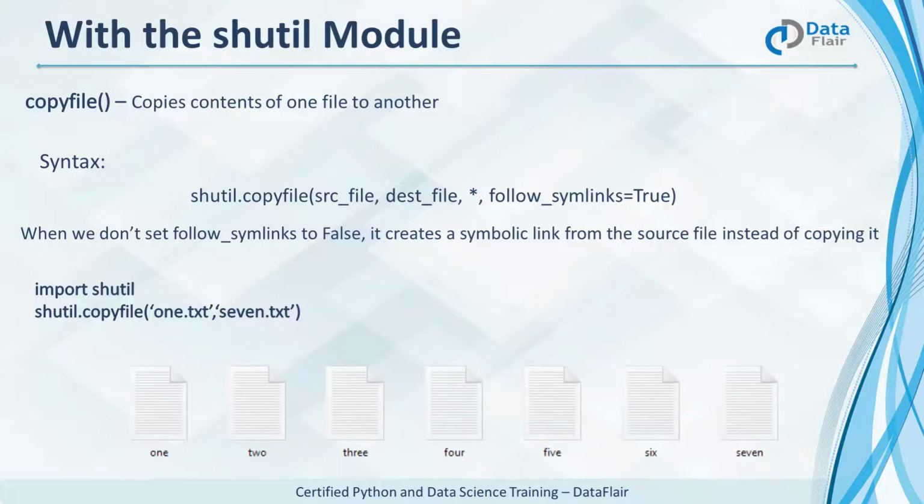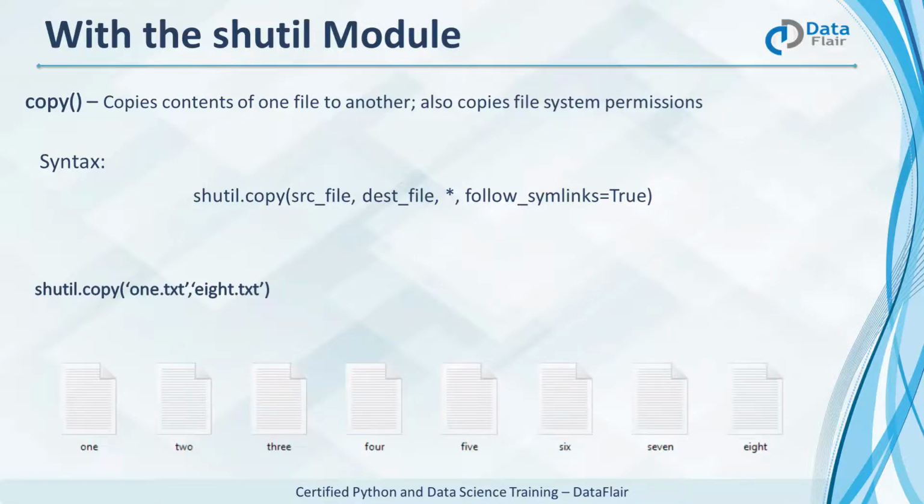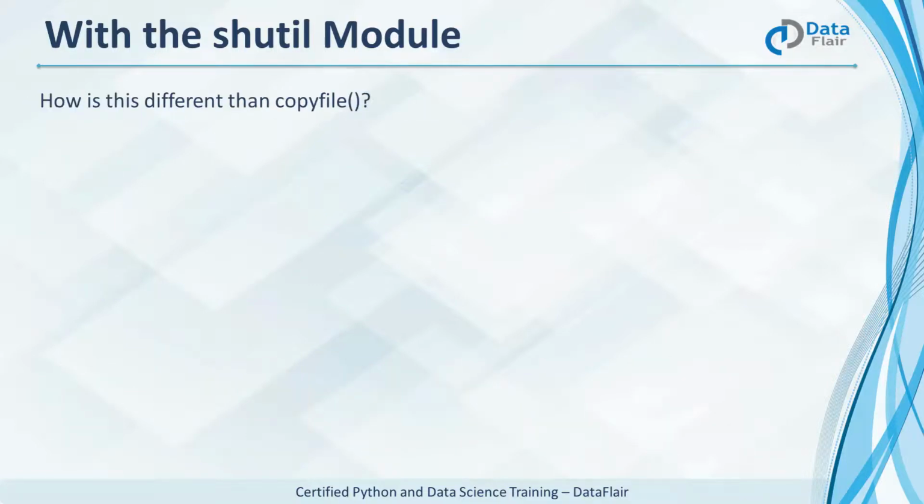Shutil also has a copy function. This one also copies file permissions. Copy file 1.txt to 8.txt and there you have it. So how is copy different from copyfile? Copyfile does not copy permission bits.